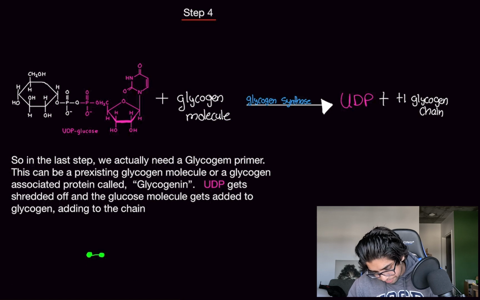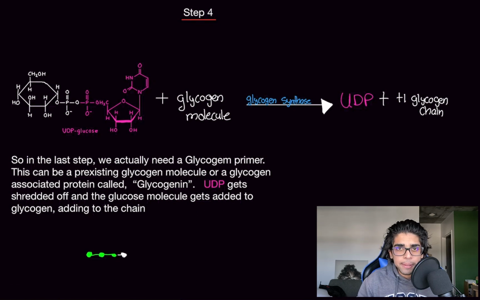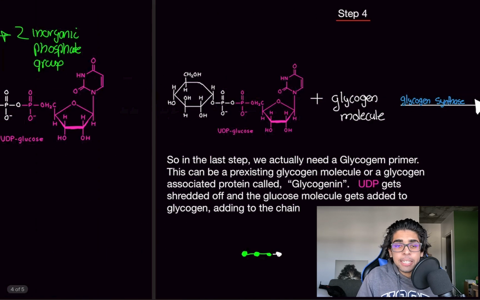It's already in our liver. All we just did is add the glucose molecule onto it by shredding off the UDP using glycogen synthase, and it becomes part of the glycogen chain now. And that's how we create glycogen. So we ended with glycogen. And that's basically it. It's pretty easy.